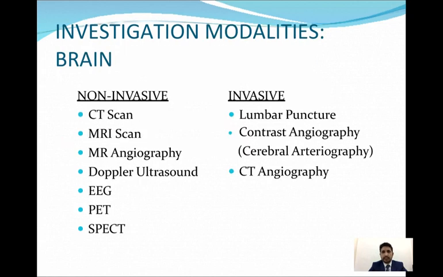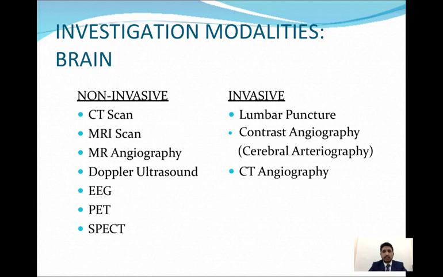The first investigation of choice in a patient with stroke or suspected stroke is always a CT scan. Here we have a list of investigations that can be done in a patient with stroke, but the first investigation is always CT scan.